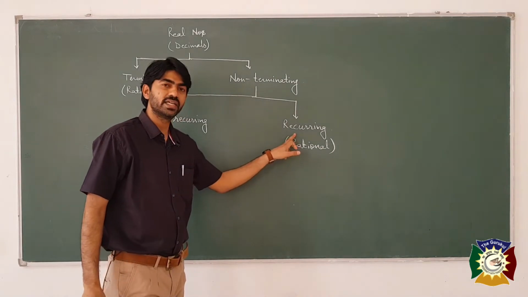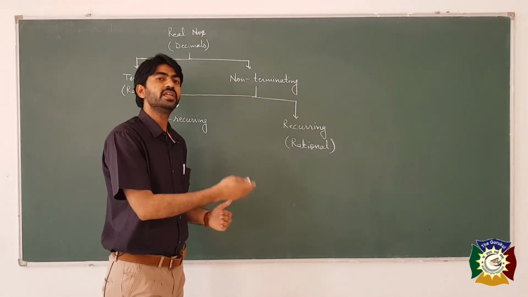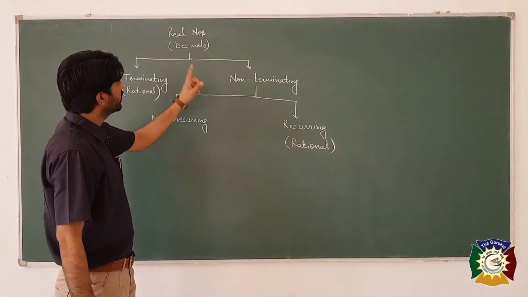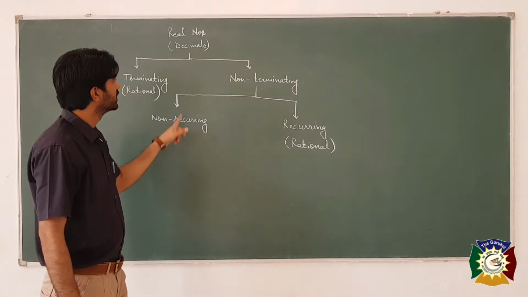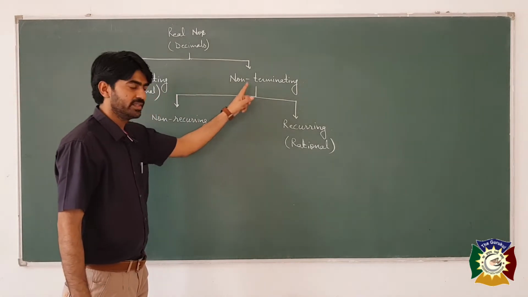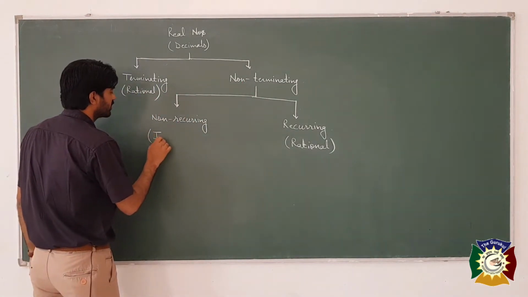It is not getting terminated but digits are being repeated, then it is rational. Now if any decimal is non-terminating, non-recurring, then it will be irrational.